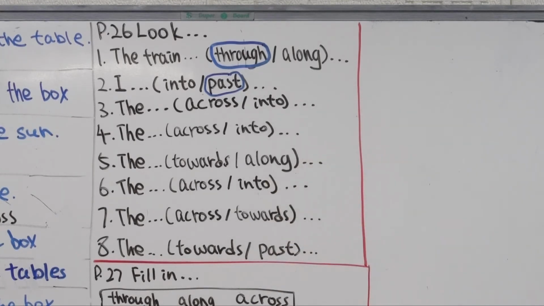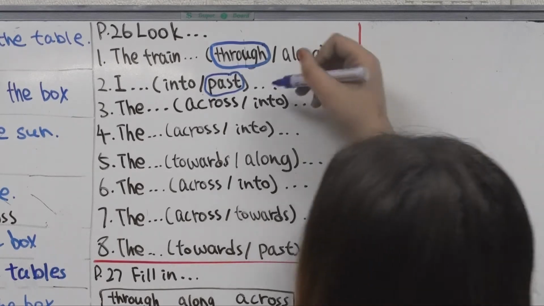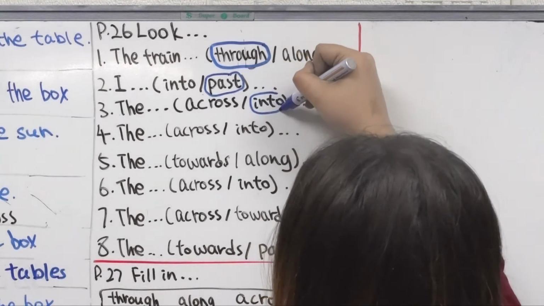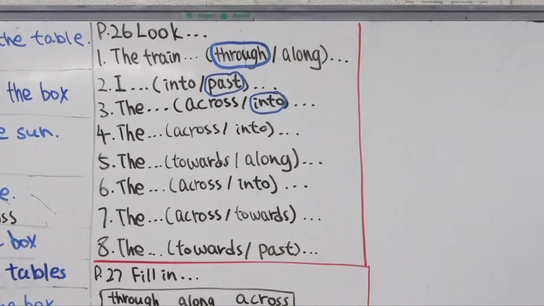3. The cat falls across the river or into the river? Falls. Of course, into the river. Yes, into the river. Next one.